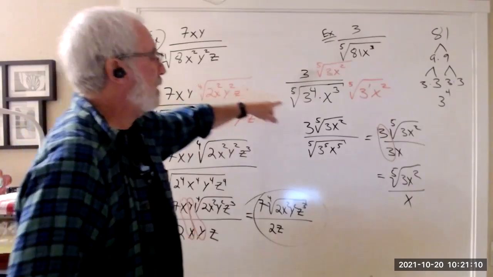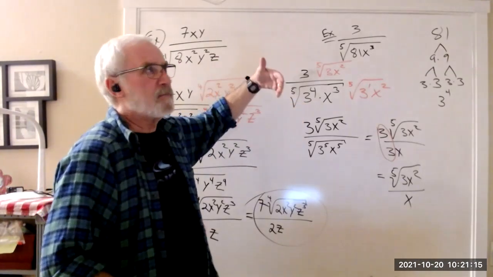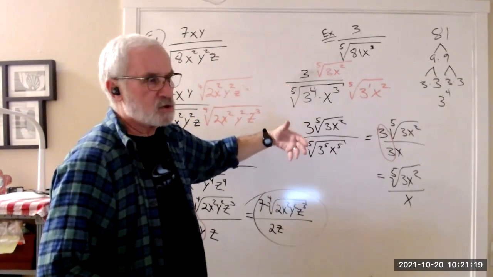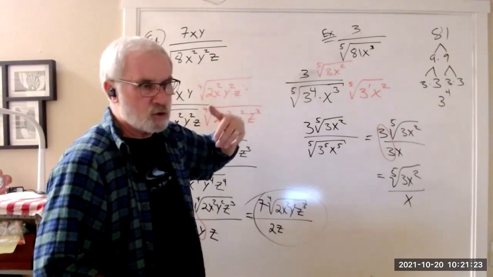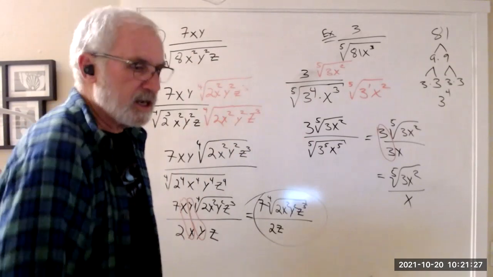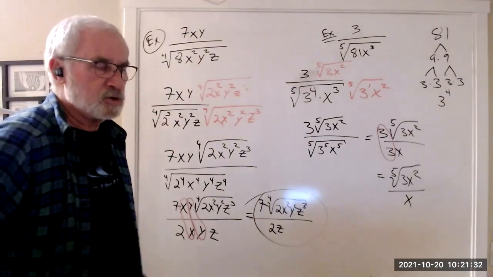Right. By my picking a smaller number here, I didn't have to simplify as much at the end. By your going to 9 squared and then multiplying it by 9 cubed, you had more simplification to do. It wouldn't be wrong. It has to come out the same way, assuming you didn't make a mistake.